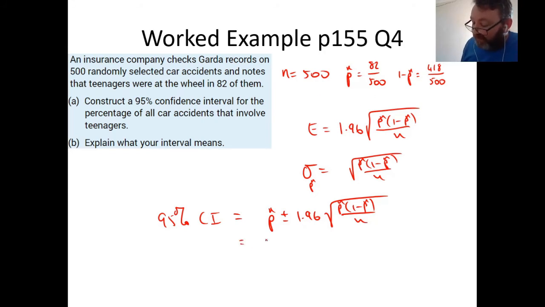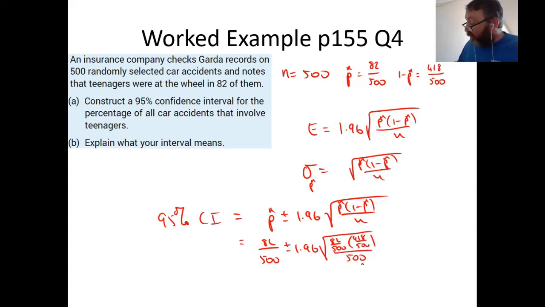What's p hat? It's 82 out of 500 plus or minus 1.96 times the square root of 82 over 500 multiplied by 418 over 500, all over 500. Now you'll be delighted to know that your calculator will do this for you. First fraction, 82 over 500. Now put in minus, because we want to get the lowest number first, as we're building our 95% confidence interval.